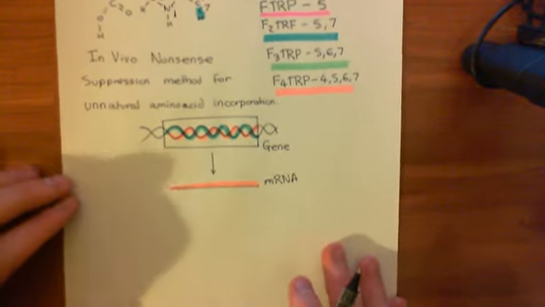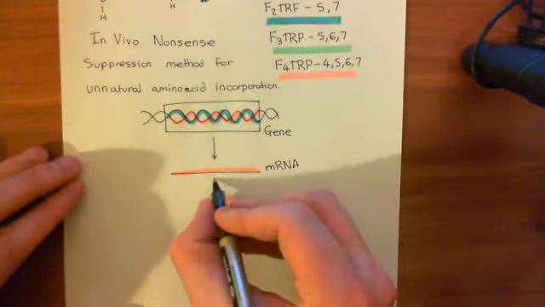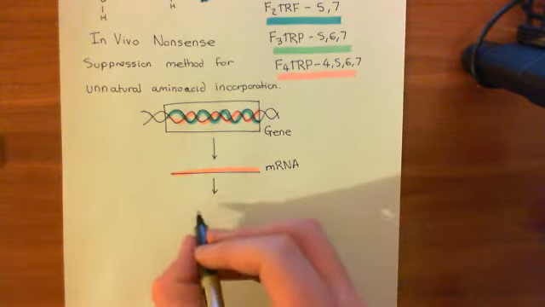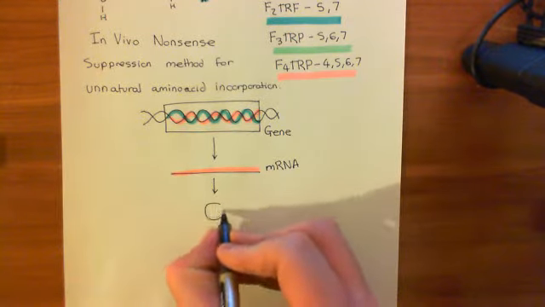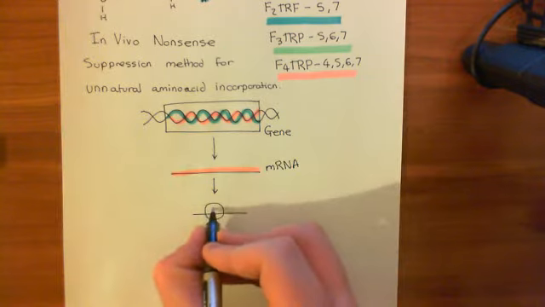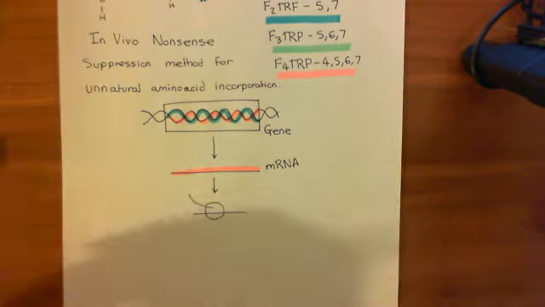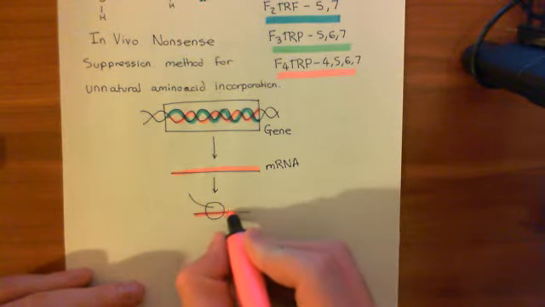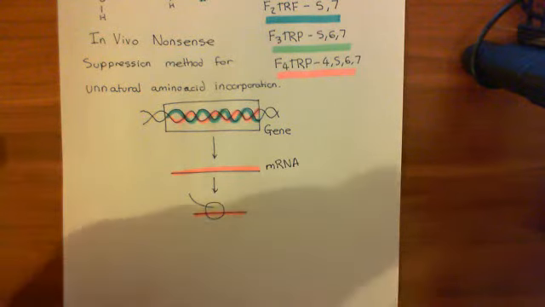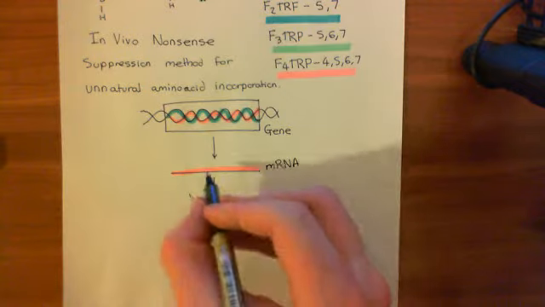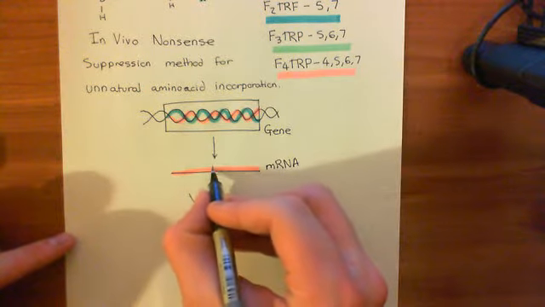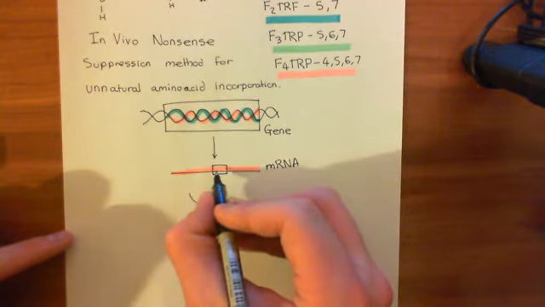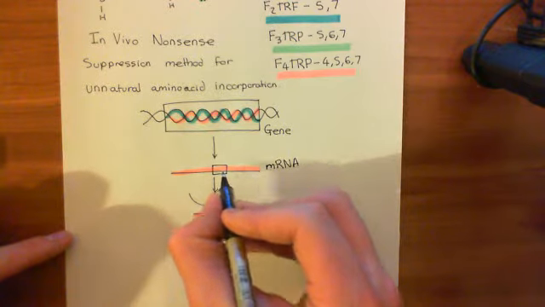Then you will translate this mRNA into the protein. So here's the ribosome, here's the mRNA, here's your protein coming out. The tryptophan at some point of this protein will have had a codon that corresponded to it, i.e. a triplet of organic bases on this mRNA.